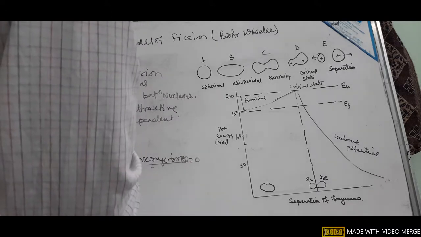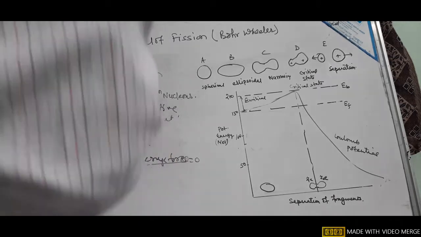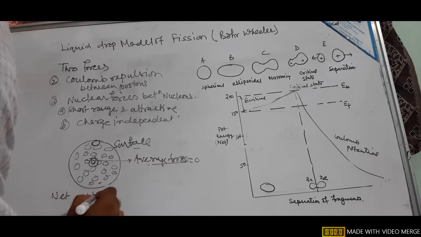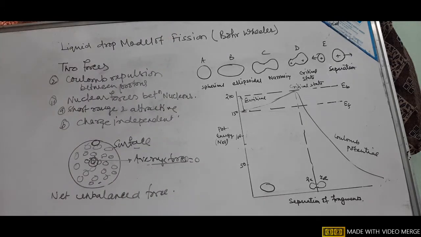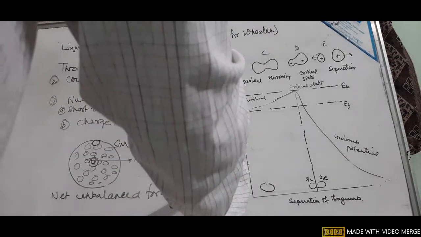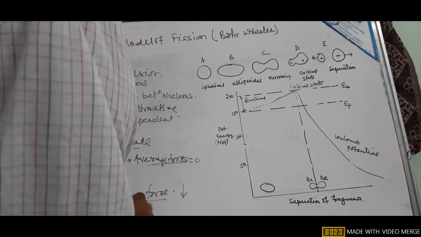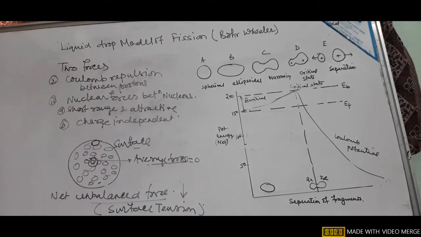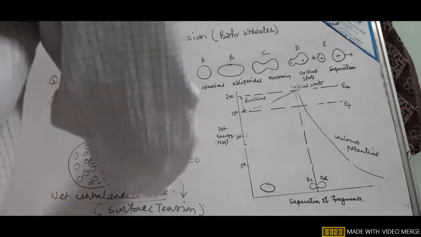For the nucleons on the surface, the net force is not equal to zero. So there is a net unbalanced force, directed inwards, which is very similar to the surface tension in a liquid.